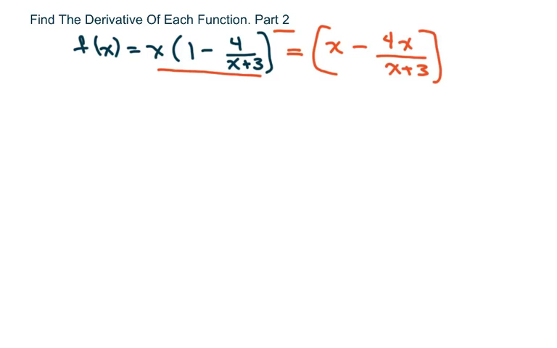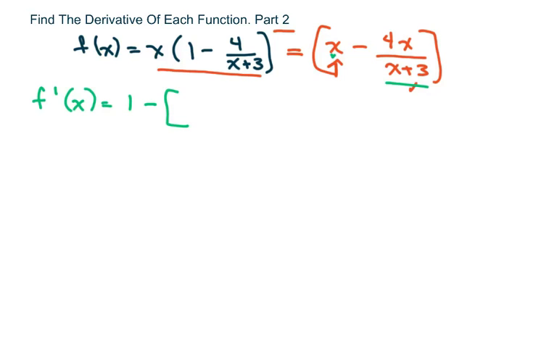And then all I have to do is take the derivative of this and just use sum. And then I'm going to have to take the derivative of this piece and use the quotient property or rule. So here we go. So we take the derivative of f. And for this first piece, that's just going to be 1. And then for the second part, I have to use the quotient property.